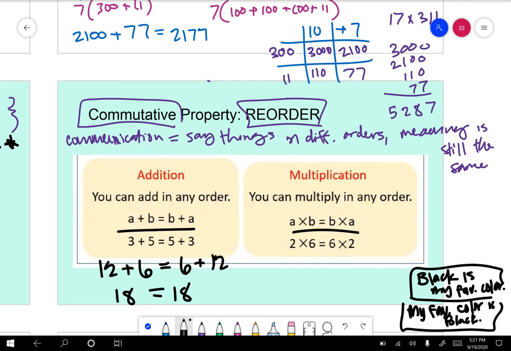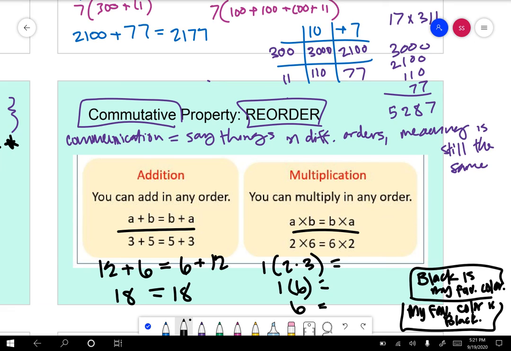So let's say we're multiplying and we have 1 times 2 times 3, for example. Well, parentheses first, so 2 times 3 is 6. 6 times 1 is 6, okay? If we were to reorder, not regroup, the grouping wherever the parentheses are is going to stay the same.